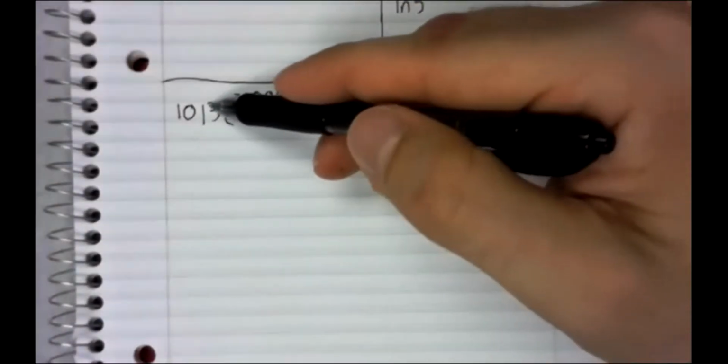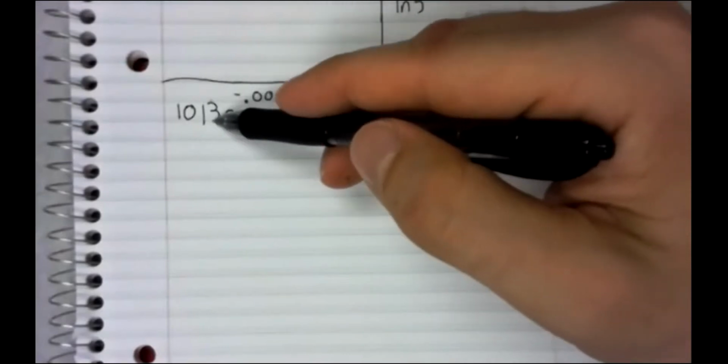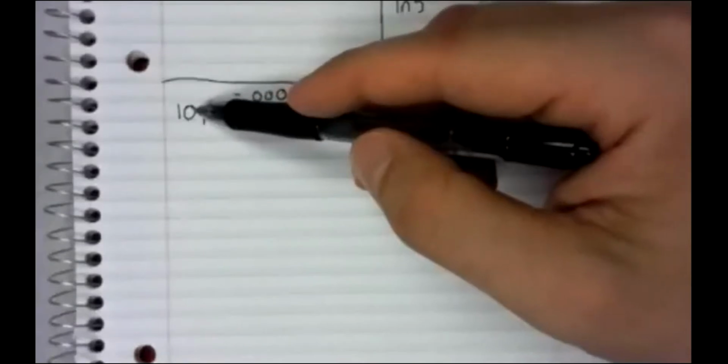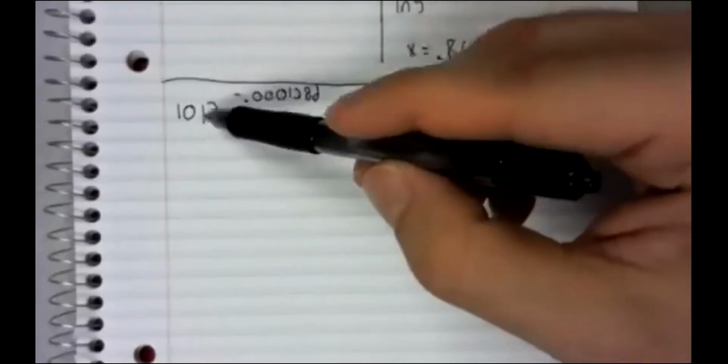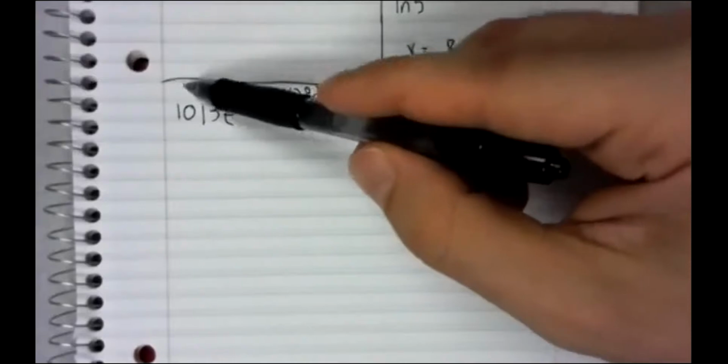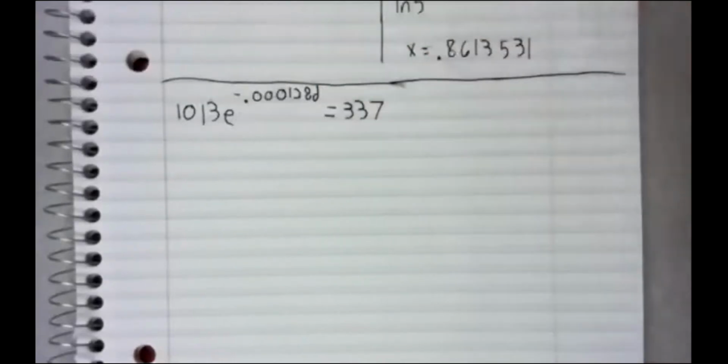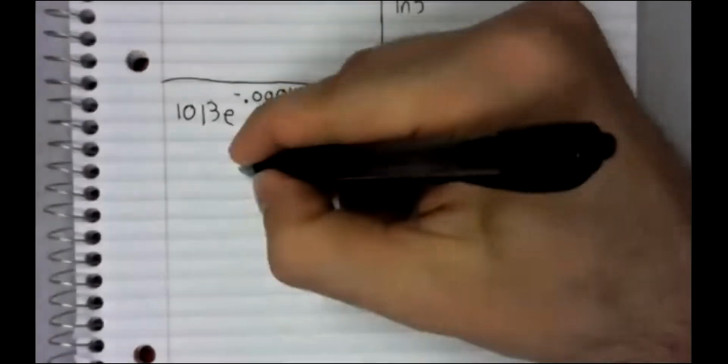Probably don't want to take the logarithm with this number sitting here. If we take the logarithm of this, we've got the logarithm of a product. We have to break it apart. It's a whole thing.